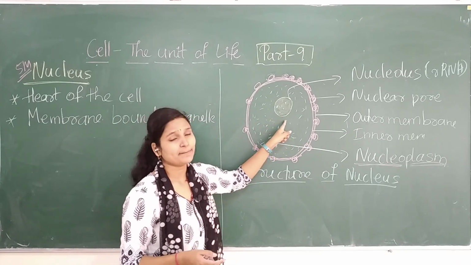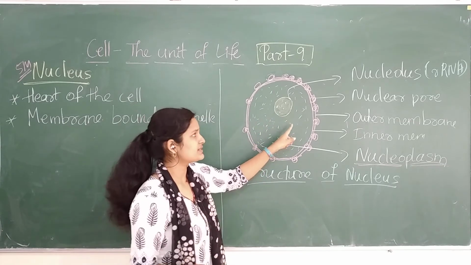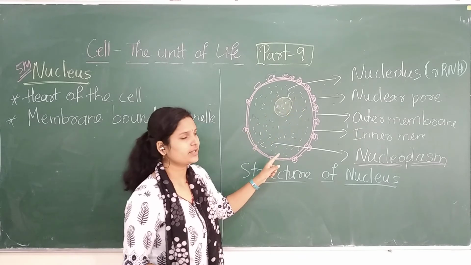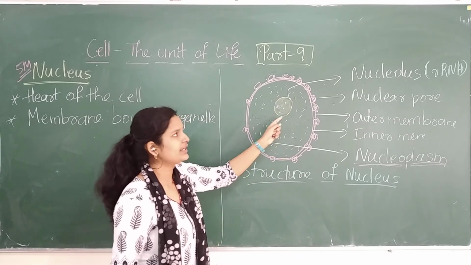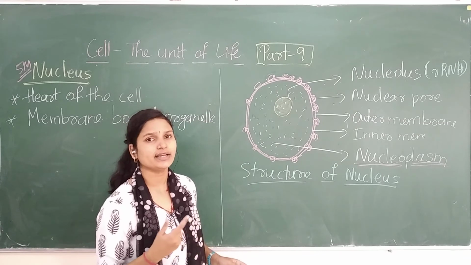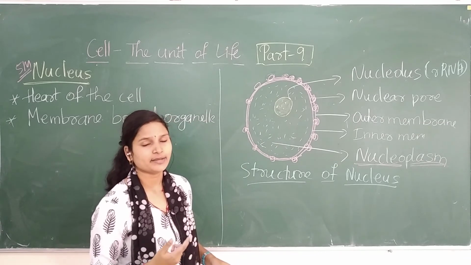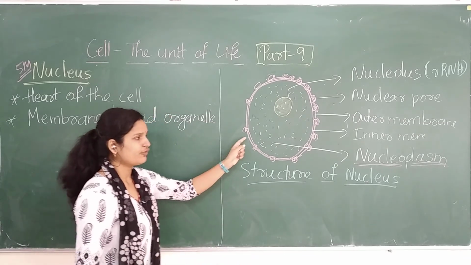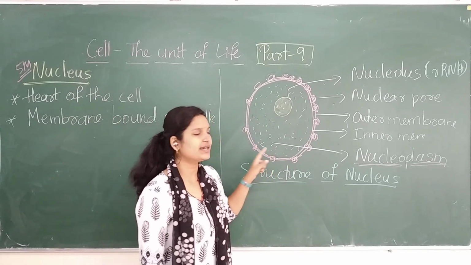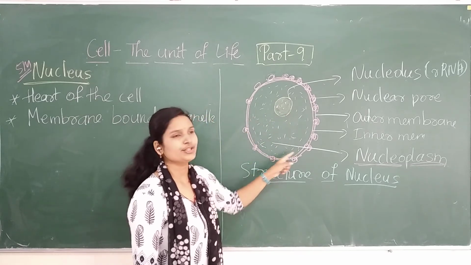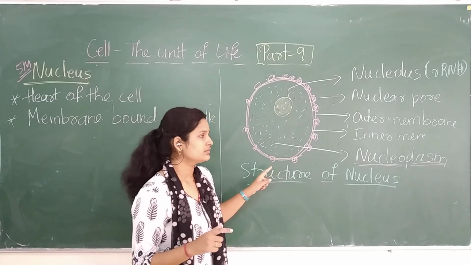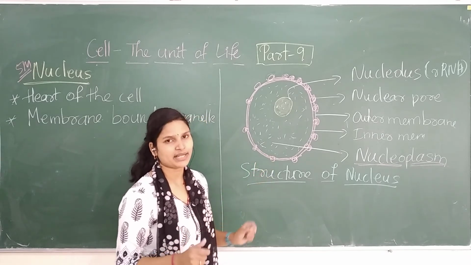It is not a membrane-bound structure, it is present in the nucleus. From the nucleolus only the ribosomal RNA is going to be formed, and the dense cytoplasmic content present is the nucleoplasm.